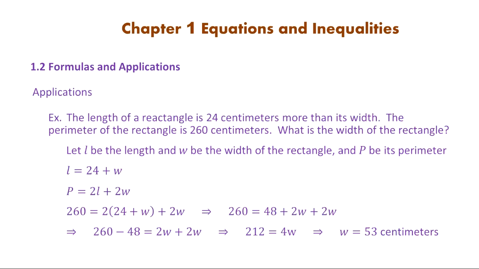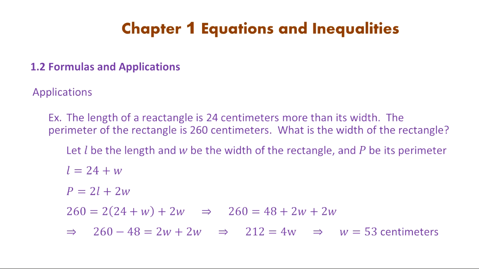Let L be the length, W be the width of the rectangle, and P be the perimeter. So we need to assign 3 variables here. L is the length, W is the width, and P is the perimeter.